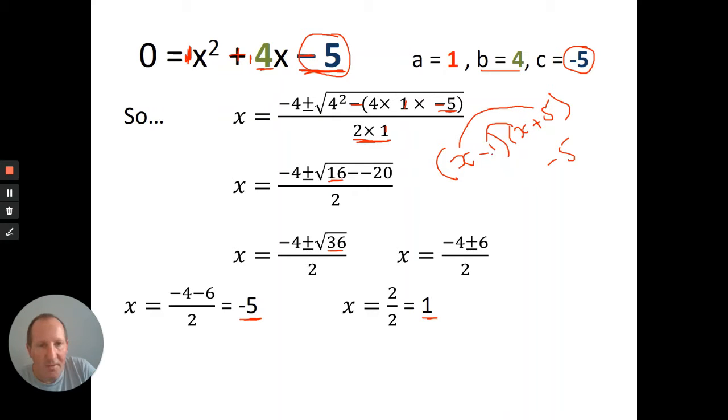So plus 5, take away that 1, does give me 4x. Okay, when I do this equation, the answers I get at the end are the answers, the roots, when y equals 0. When you factorise, it's the opposite. So again, that's why you might think using the quadratic formula is actually more straightforward.